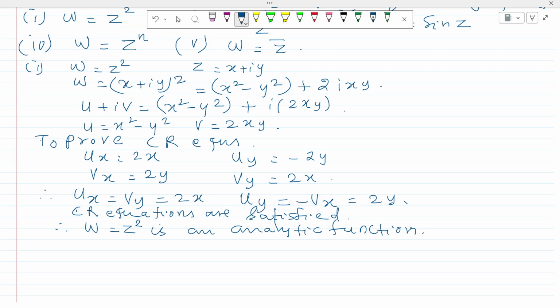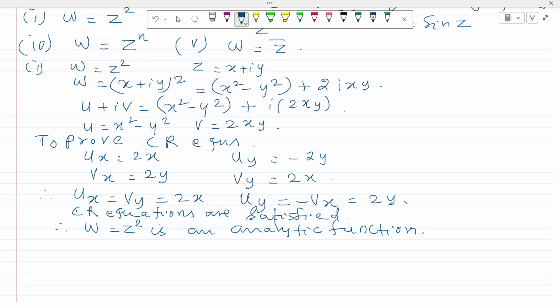So listen, to check whether the given function is analytic, first you have to write what is the function, W equal to z square, then substitute z equal to x plus iy, then expand that function. From that expansion you will get u and v separately. Then you have to find four values ux, uy, vx, vy.